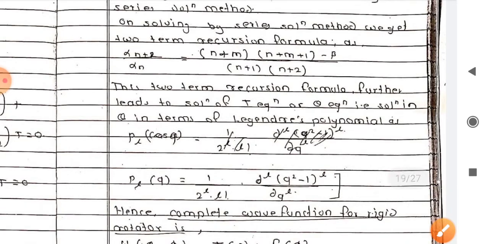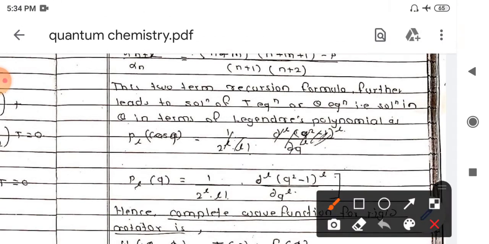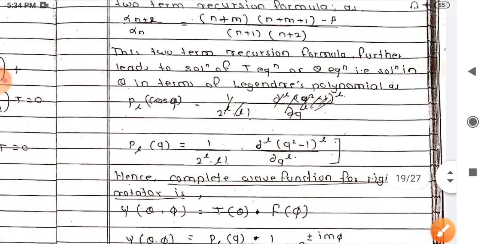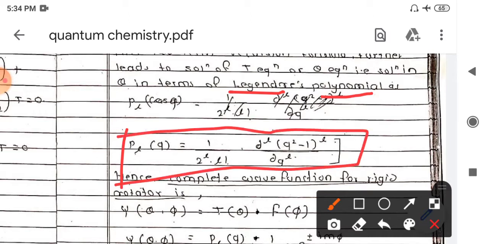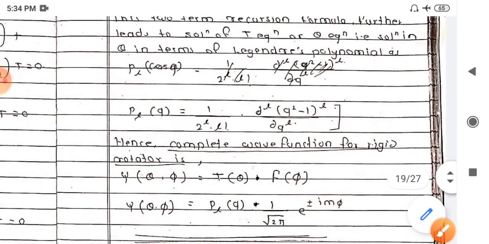This has the solution of the theta equation. So we have just solved this Legendre's equation and obtained the Legendre's polynomial. So what is that Legendre's polynomial?